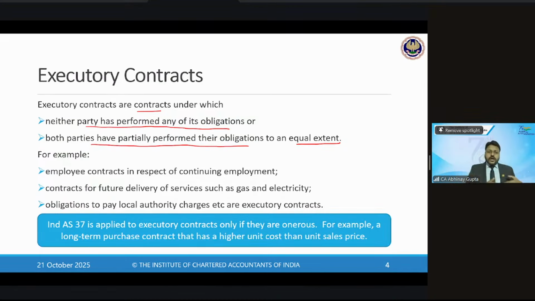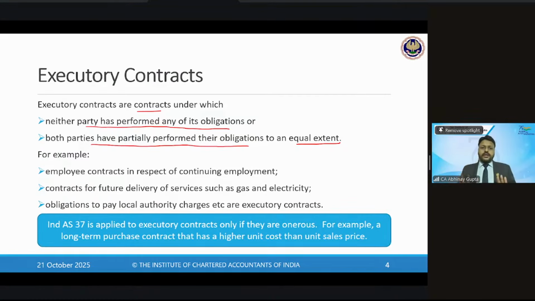Or suppose out of the 1000 mobiles, 200 mobiles are supplied by A Limited and the equivalent 20,000 rupees is paid by B Limited. So both parties have performed to an equal extent: based on how many mobiles have been supplied, pro rata payment has been made by B Limited. These contracts are called executory contracts because they will either be executed over the agreed timeline, or they will be cancelled later on.